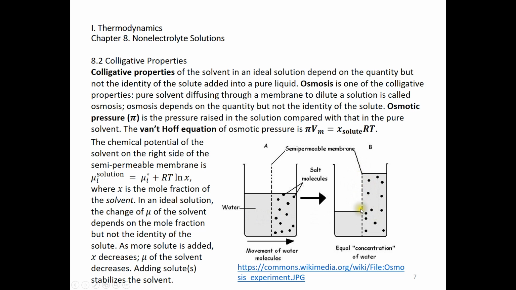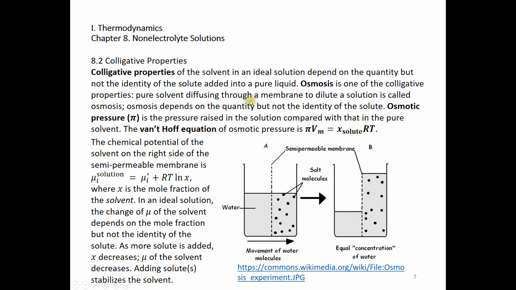This height difference causes a pressure difference right here, and the pressure difference is roughly rho GH. Rho is the density of the solution, G is the gravitational acceleration, and H is the height difference. So rho GH is the pressure difference between here and here.